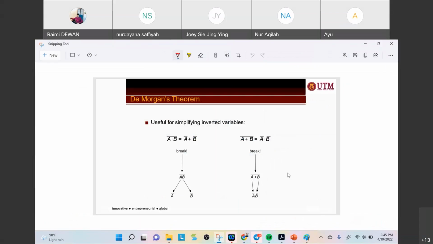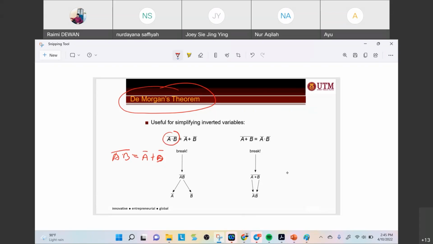Okay, this one is De Morgan's theorem. De Morgan's theorem is that if you want to solve a problem involving inverted variables, we can have first A dot B inverted, but if you want to split it, it will become A inverted plus B inverted.